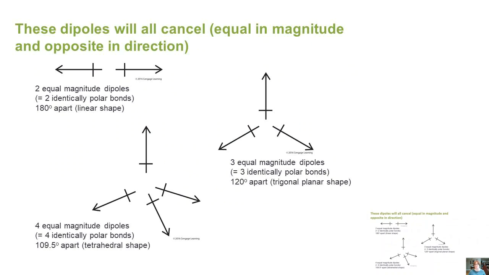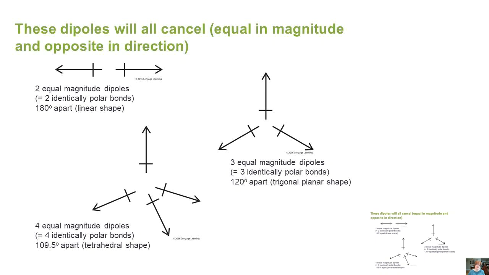So again, let's show a couple of these canceling geometries, because that's the part that students tend to be confused about. If I have two equal magnitude dipoles pointing in opposite directions, 180 degrees apart, that will cancel. If I have three equal magnitude dipoles in a trigonal planar formation, or 120 degrees apart, that will cancel.